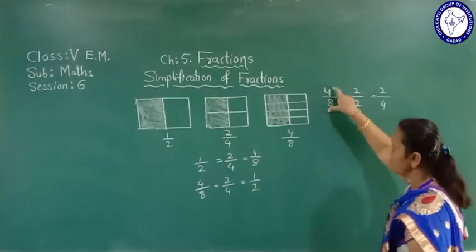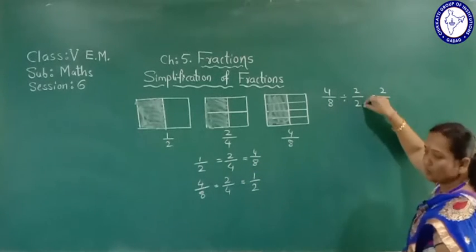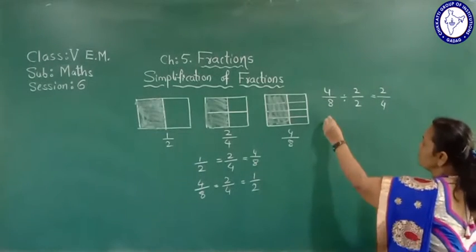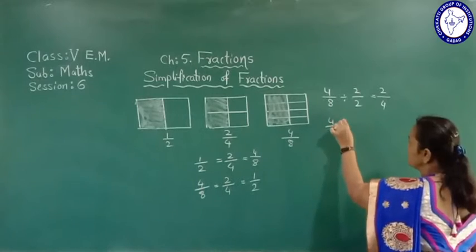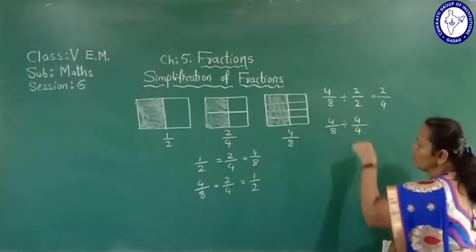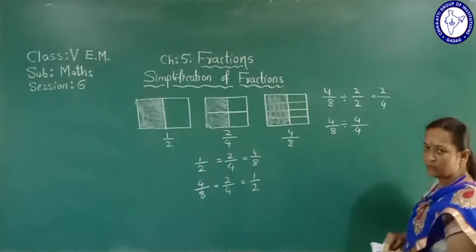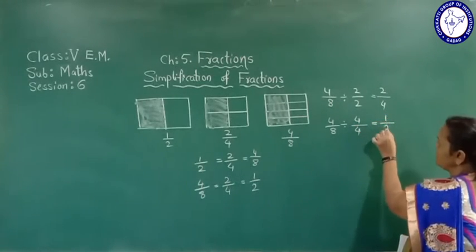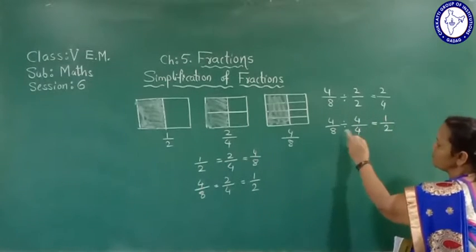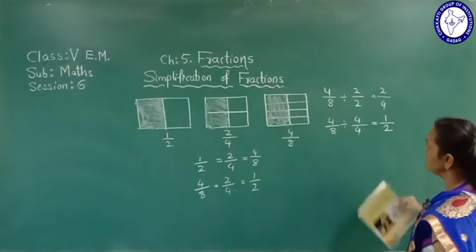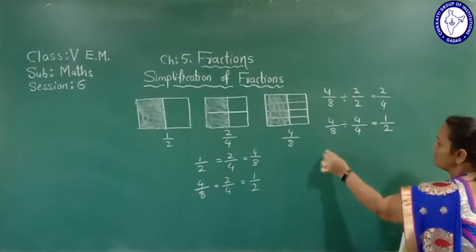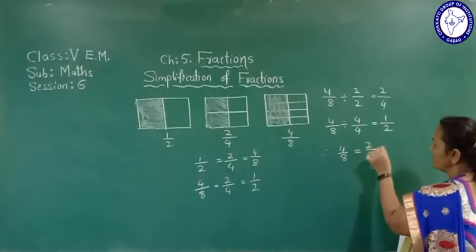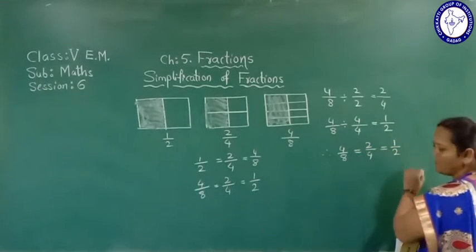Or this 4 by 8, when it is divided by the same 4 by 4, both numerator and denominator divided by 4, then we get 1 by 2. 4 1s are 4 and 4 2s are 8. So the answer we get is 1 by 2, and therefore 4 by 8 equals 2 by 4 and it is also equals 1 by 2.